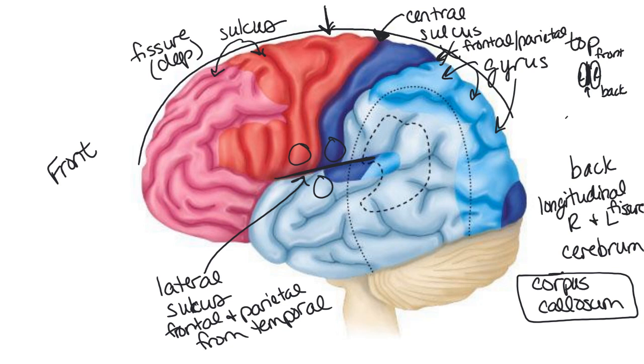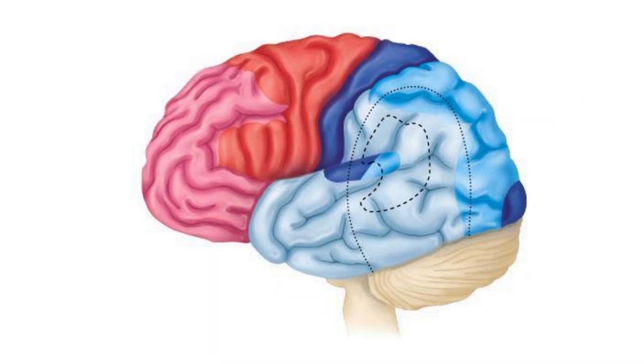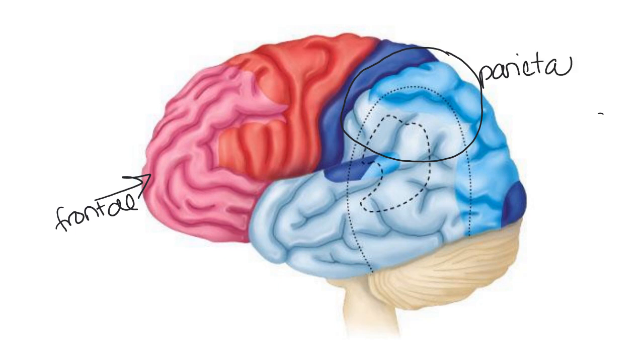Okay, so let's make sure we've got all our lobes taken care of appropriately. Okay, so just confirming that we have our lobes done appropriately. So here's our frontal lobe here. The parietal lobe is all of this back here. Remember, the central sulcus is right here.